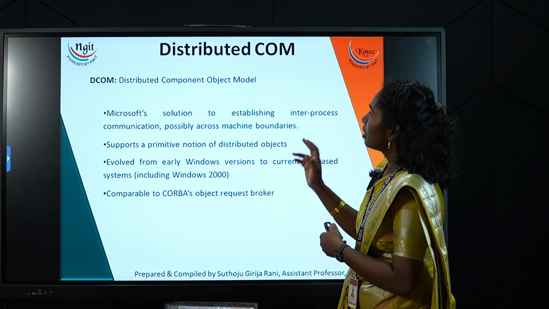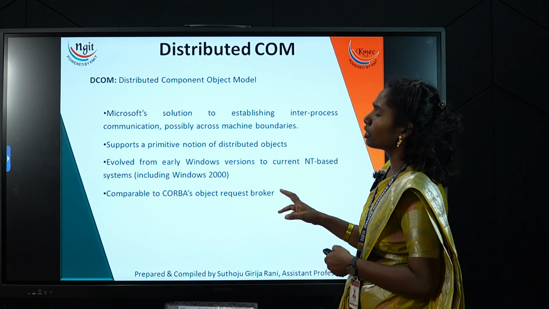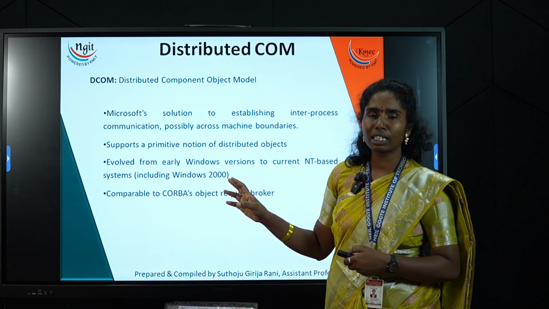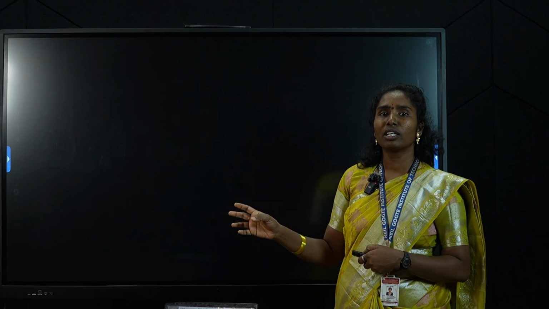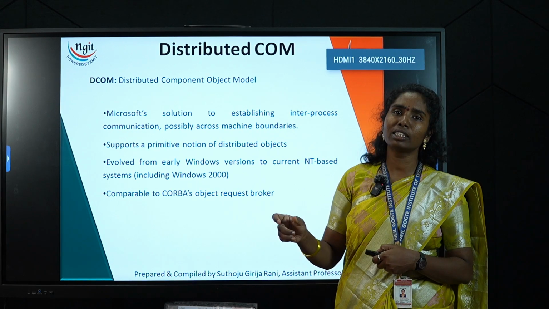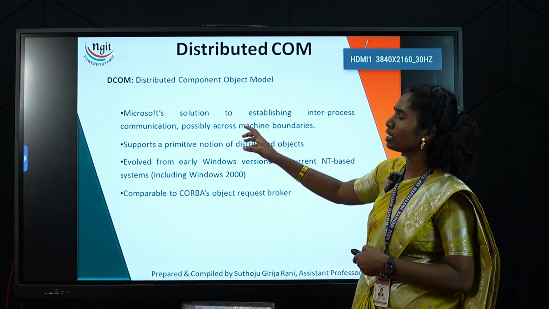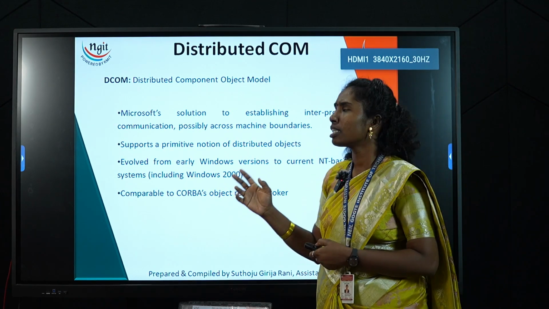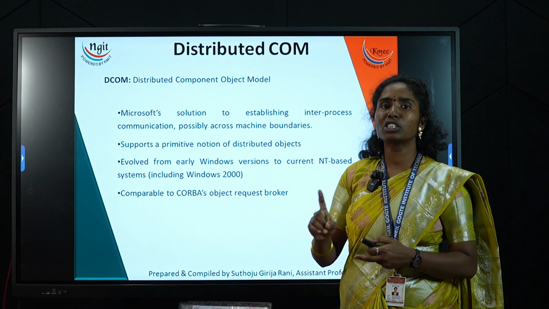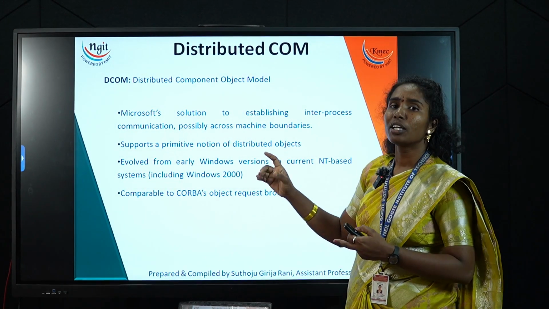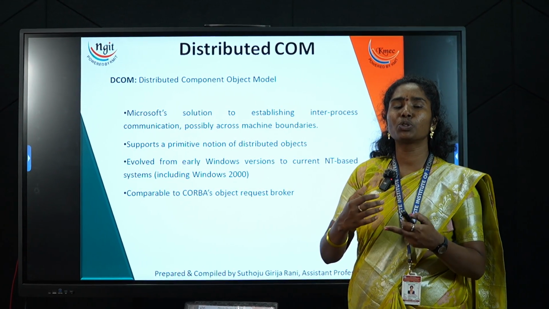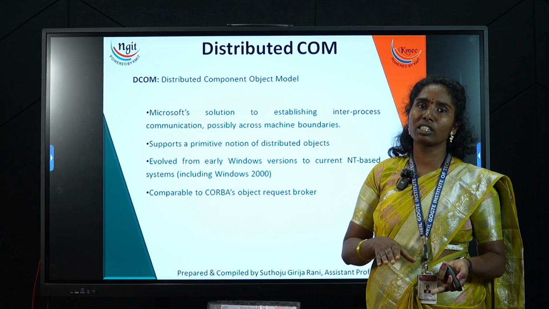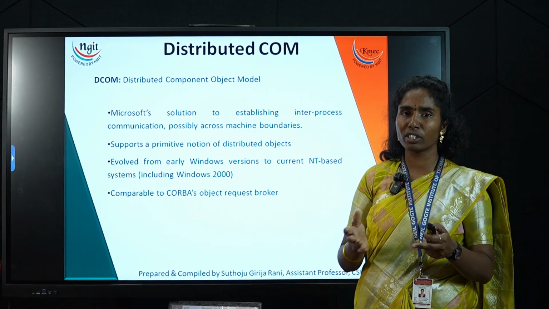Now, distributed COM. COM is nothing but the component object model, and when we say distributed, it is DCOM. The aim of DCOM is that it is the first solution to let your machine applications move from one system to the other. We don't have machine boundaries at all.